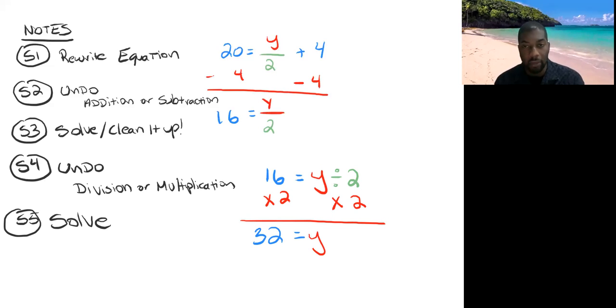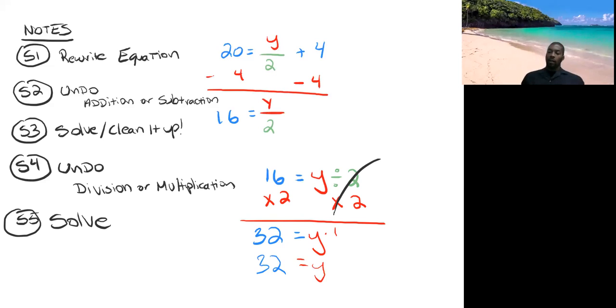Divided by 2 times 2 is the same thing as saying nothing, right? It cancels each other out. Well, it's not really nothing, but it is 1. But essentially, it's going to be y times 1, and that's just going to turn into a y. So 32 is equal to y.